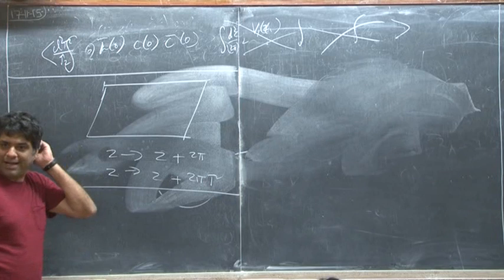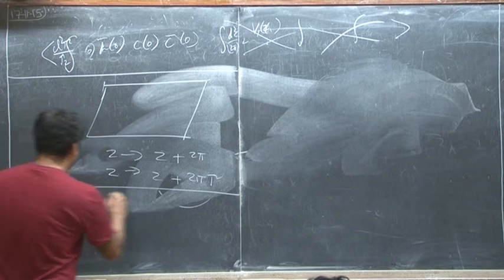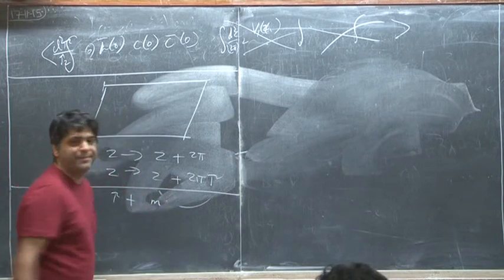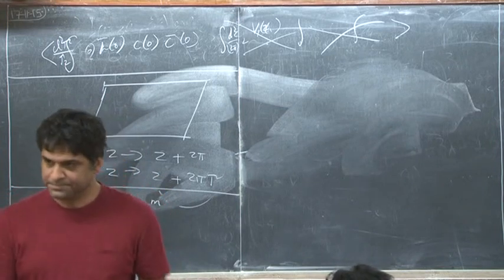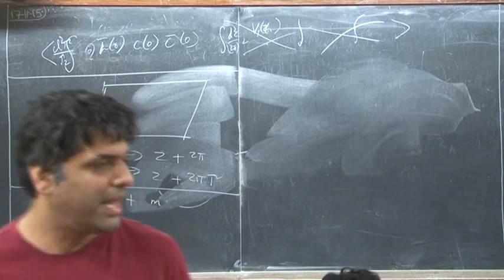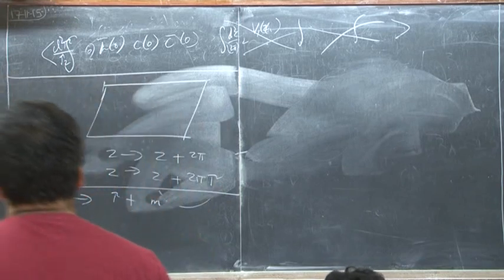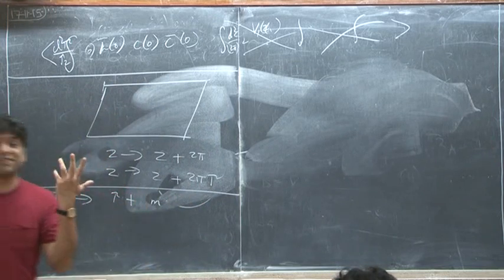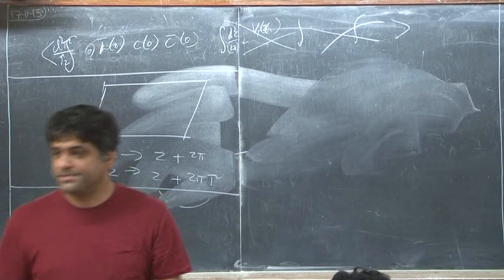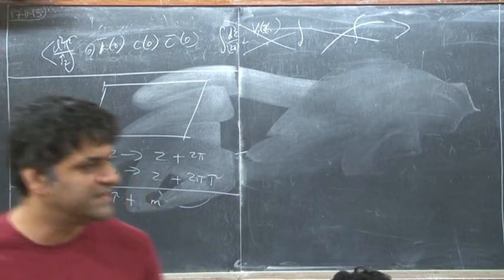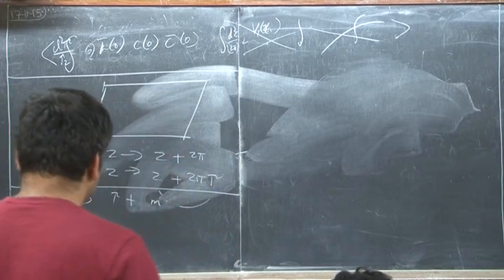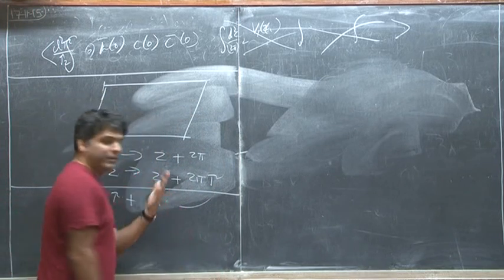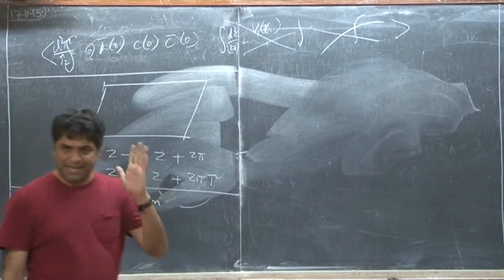One immediate identification was tau goes to tau plus m, where m is any integer. Can somebody remind me why this change in tau, sometimes called the complex structure of the torus, gives the same lattice? It's going to another lattice point. Exactly.